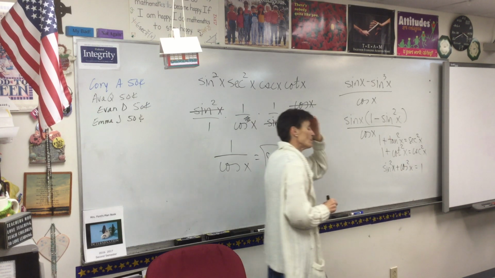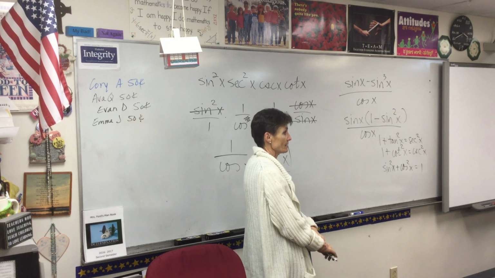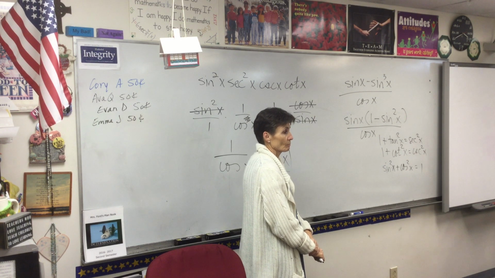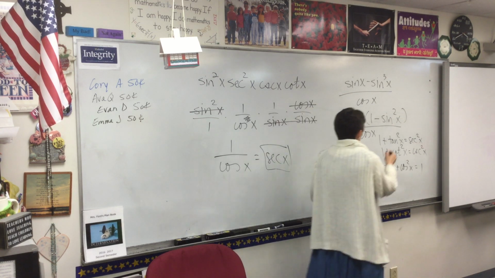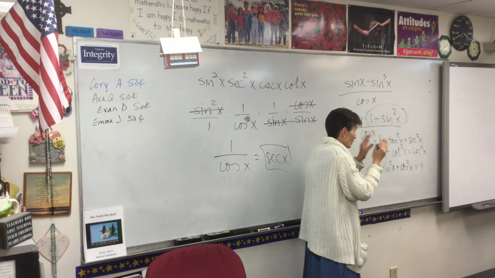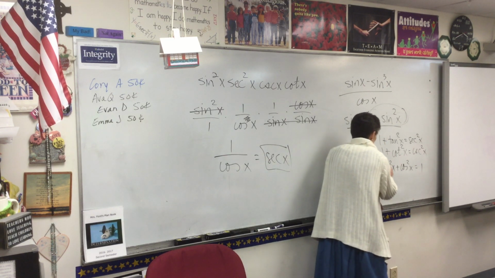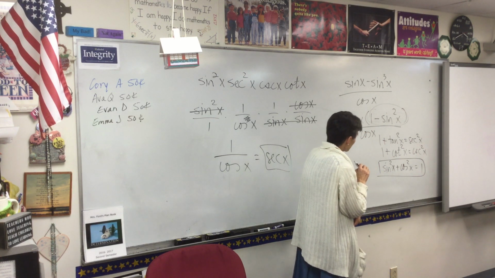So the first thing we have to do in this problem is pull out a sine. Now, this right here, that's where I'm looking right now. I'm going to come down, and this would be the identity that goes with it, right? So let's see.